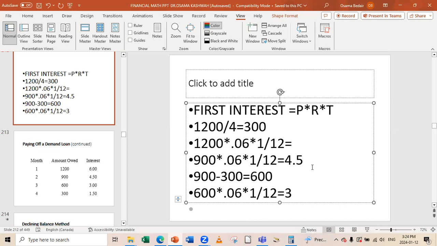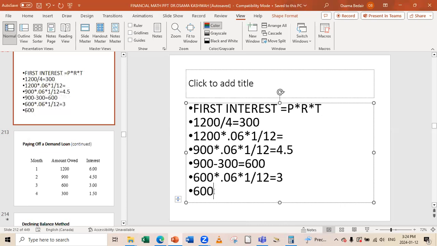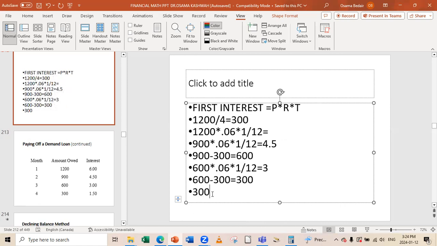The fourth one, 600 minus 300, because I already will pay 300, that will equal 300. So same thing I will do. I will take the $300, multiply by 0.06, multiplied by 1 divided by 12.